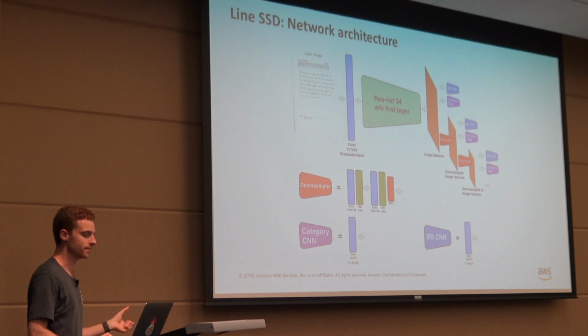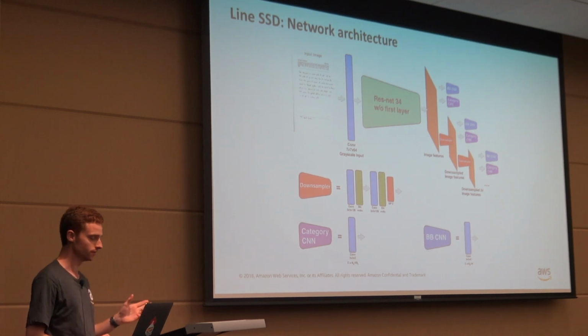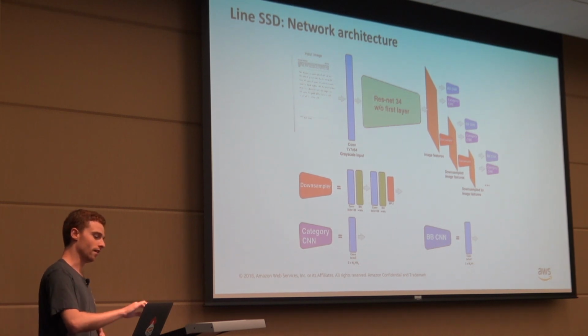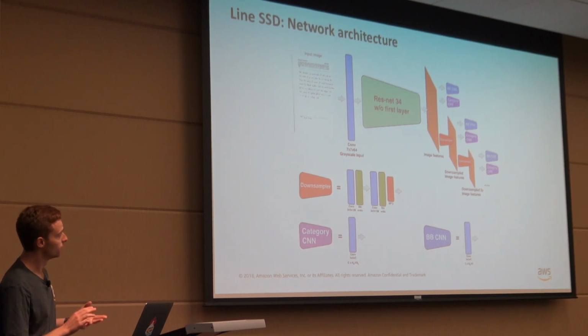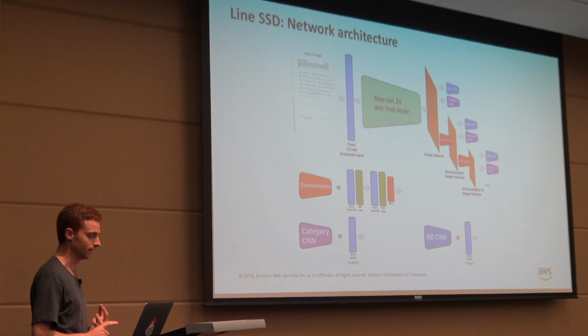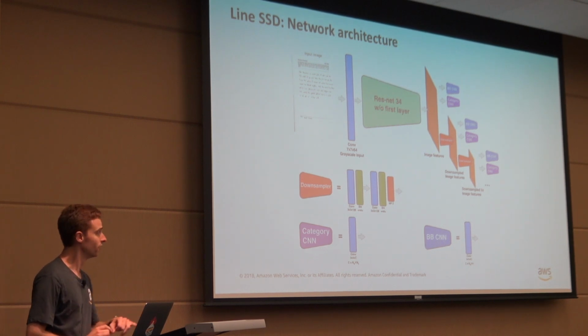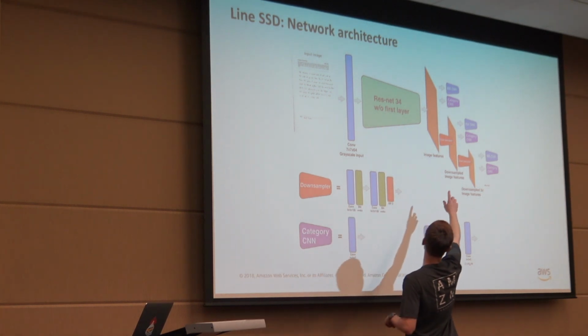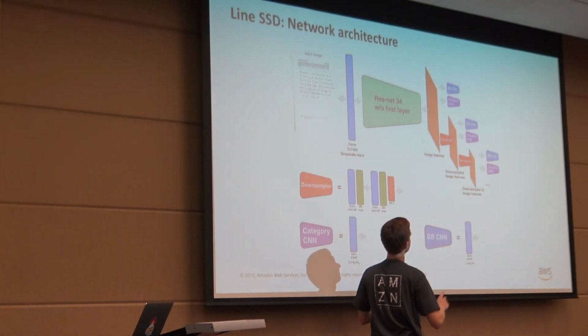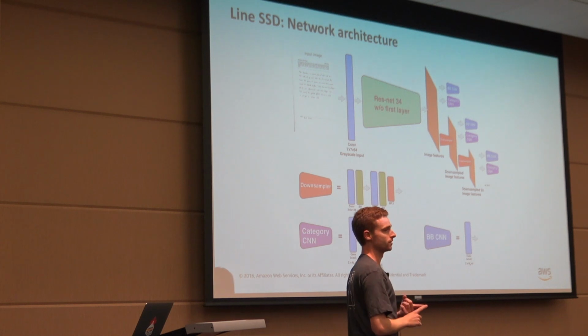So we apply that to the input image, and then for every feature map, the SSD network predicts two things. Firstly, for a given feature map, which are the orange parts, we're going to predict the bounding box adjustments.